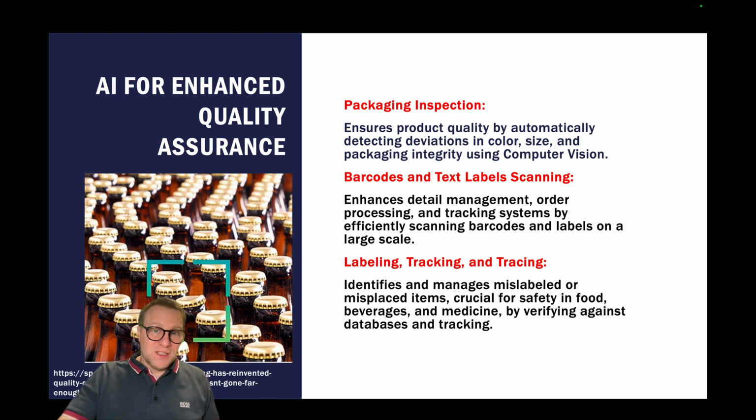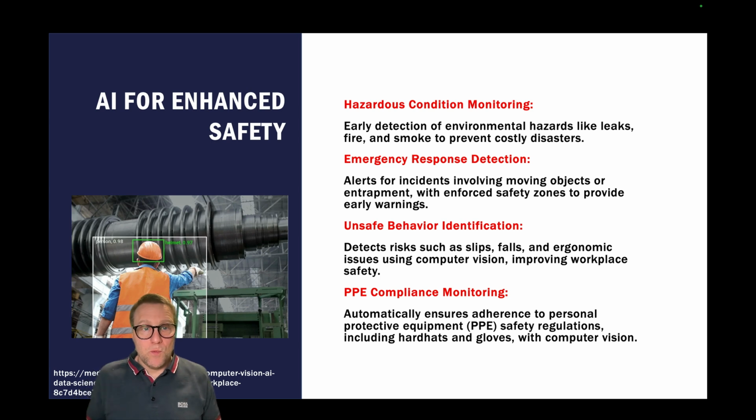If we speak about vision systems itself, it's getting way more important now for the safety aspect in production cases. So to identify hazardous conditions, maybe it detects smoke or other hazardous leakages.